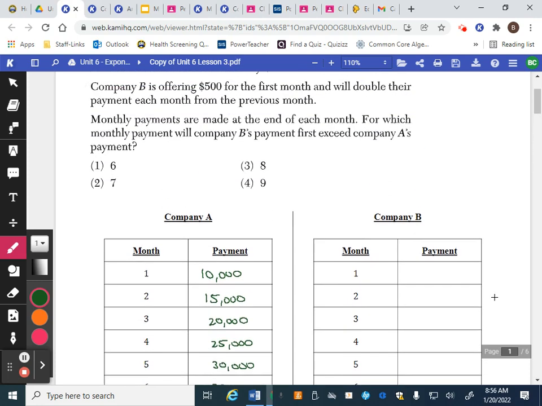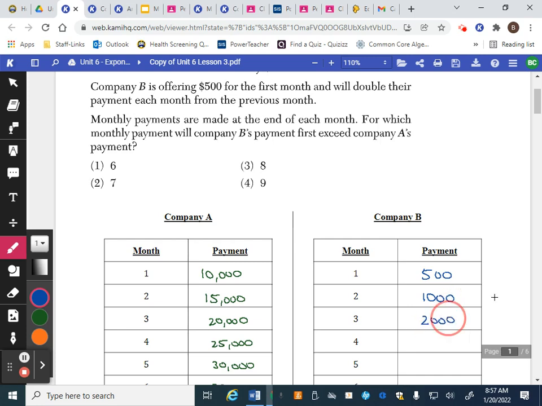And then for Company B, their first payment is $500. All right, so it seems pretty small compared to the 10,000. And they're going to double it. So the second payment would be doubled to 1,000.